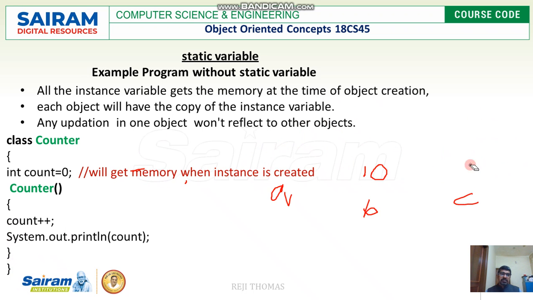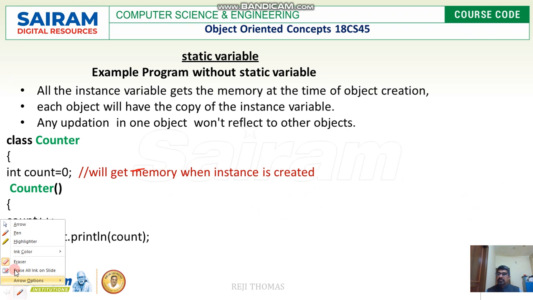So look at the program where you can find a class called Counter. Counter is your class name, and you have a variable called count. It is going to allocate memory when you create an object. You will have space for the variable count, and we have got a constructor.